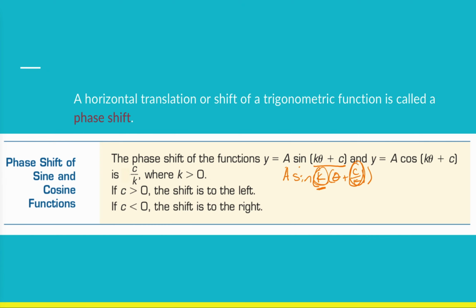This is the way I write it a lot of the times. Factor it out so that you can read off the phase shift. And if I give you a phase shift, an amplitude, and a period, and I want you to write the function, writing it this way is perfectly valid, and you don't have to distribute anything.